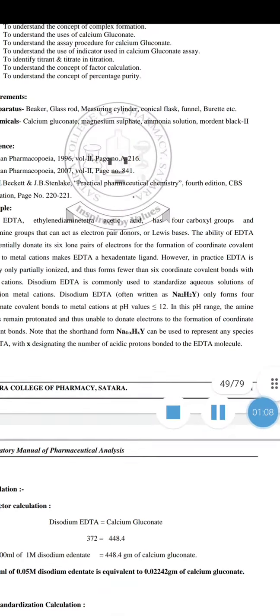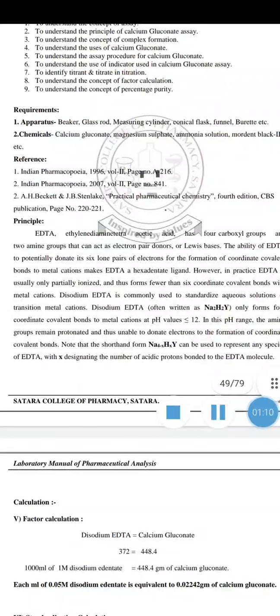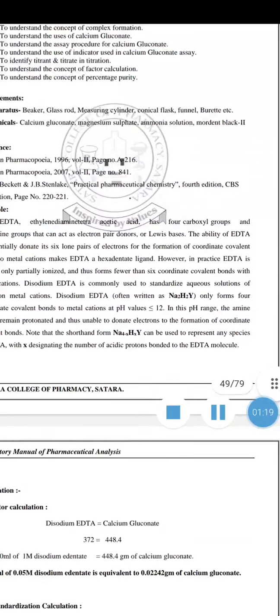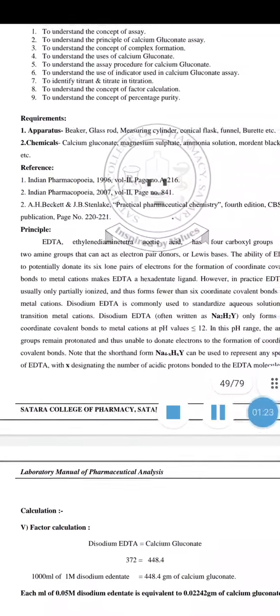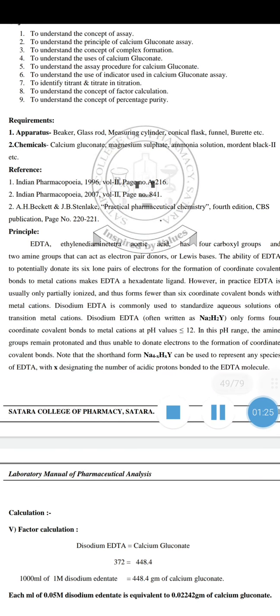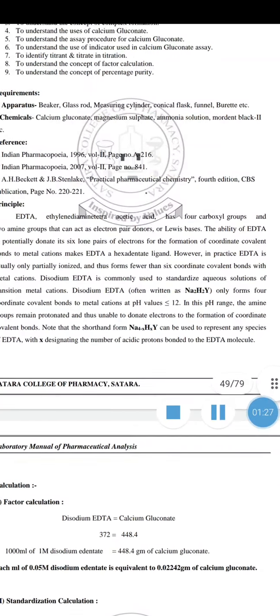Then the principle of this experiment: EDTA, ethylenediaminetetraacetic acid, has 4 carboxyl groups and 2 amine groups that can act as electron pair donors or Lewis bases.